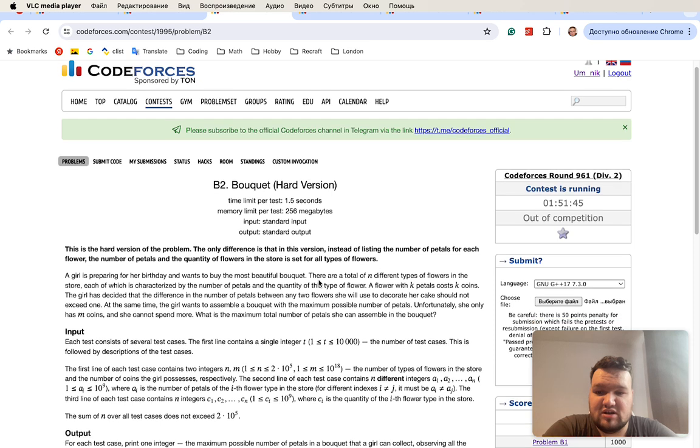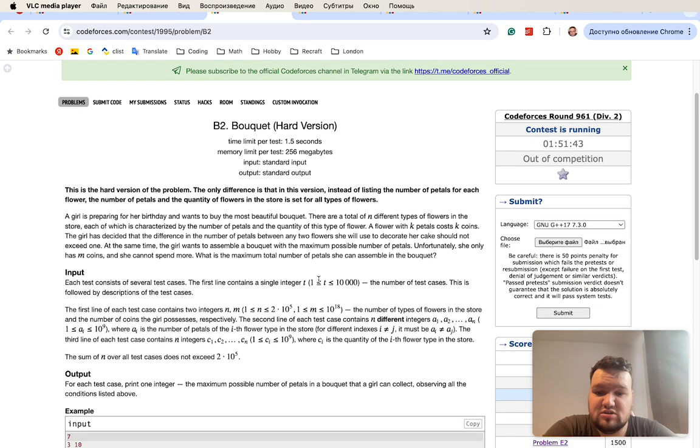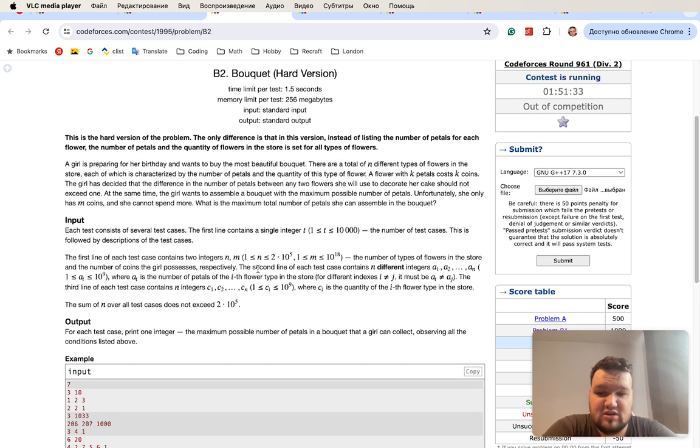And the hard version, instead of listing the number of petals for each flower, the number of petals and the quantity of flowers in the store is set for all types of flowers. Okay, so here we will be given n types of flowers.